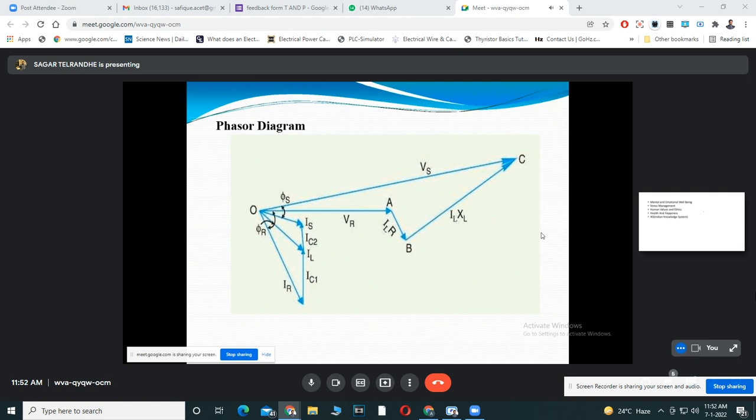Then we found the effect due to the capacitor, and due to the inductor and resistance of the load, the voltage drop is seen across the resistive and inductive parts, forming a voltage drop of IL into R and a voltage drop of IL into XL.